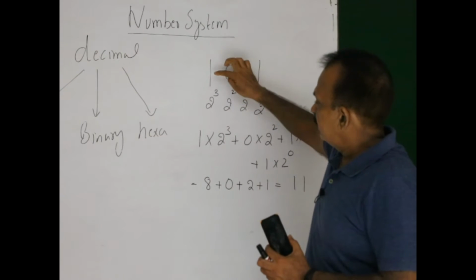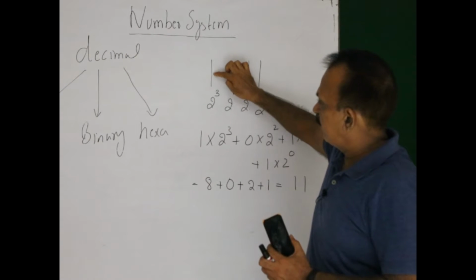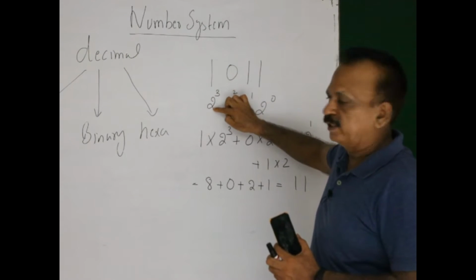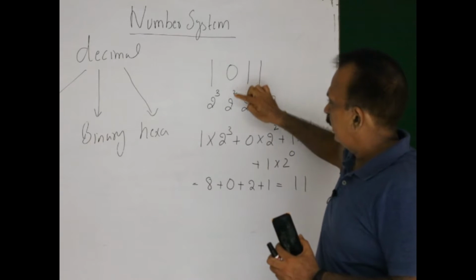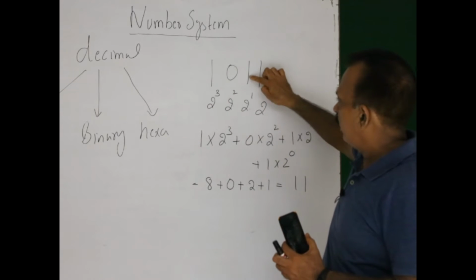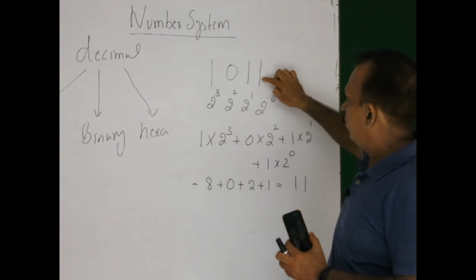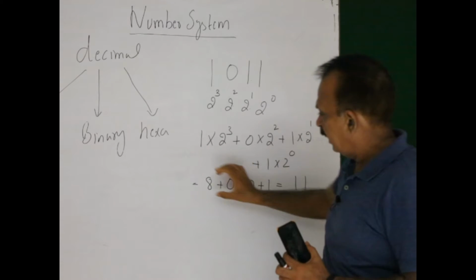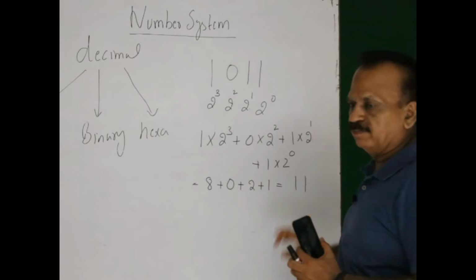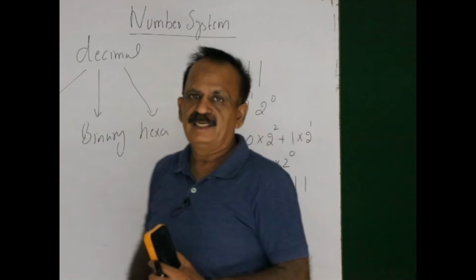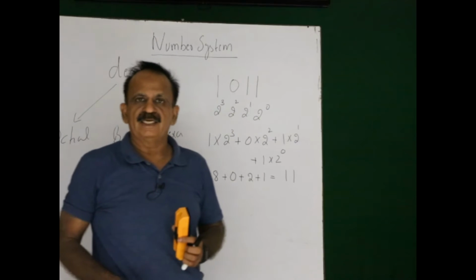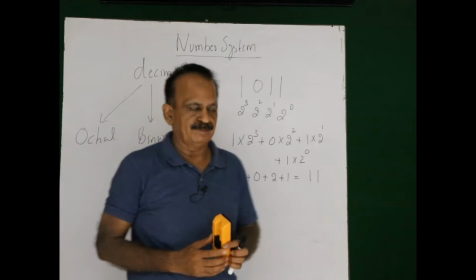And then multiplied this binary digit and 2 raised to the power 3, 0 and 2 raised to the power 2, 1 and 2 raised to the power 1, 1 and 2 raised to the power 0. After adding all these numbers, the result is the decimal equivalent of the given binary number.